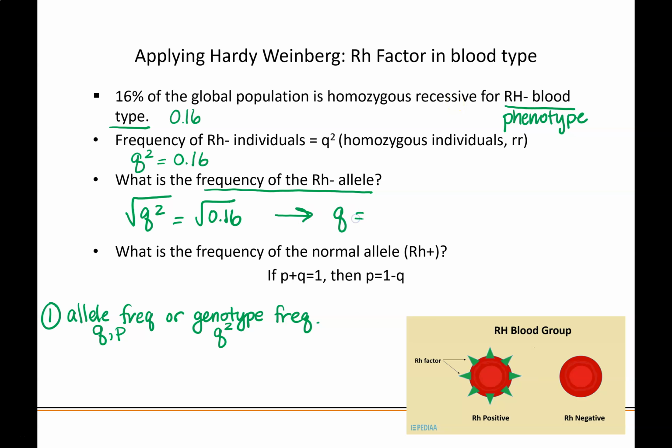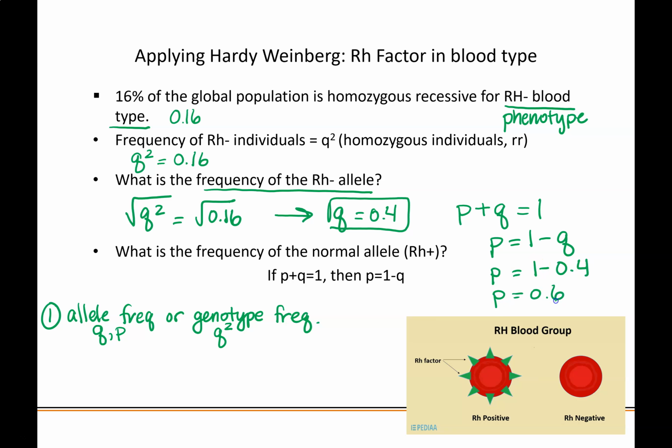So the frequency of that Rh negative allele is 0.4. Once we know the frequency of that recessive allele, we can use p plus q equals 1 to determine the frequency of the Rh positive allele. So p is equal to 1 minus q, and p is equal to 0.6. So now we know the frequency of the Rh positive allele and the Rh negative allele.